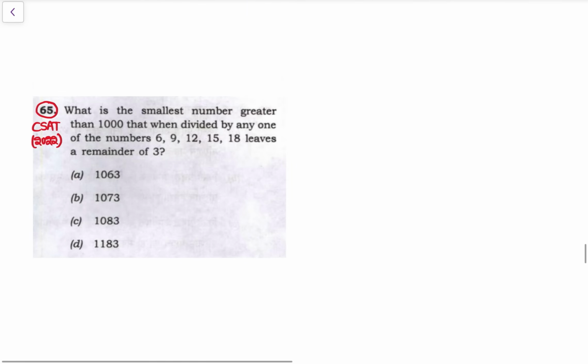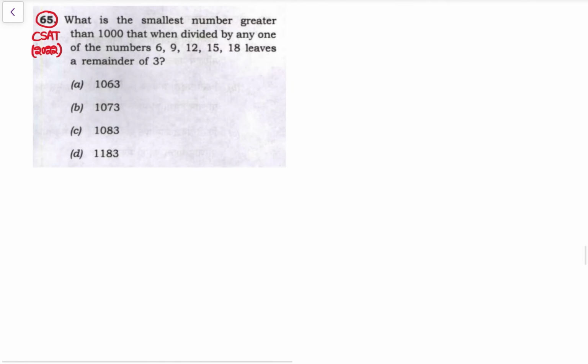Let's do one more question; this has been a UPSC favorite. This was again asked in 2022: what is the smallest number greater than 1000 that when divided by any of the numbers leaves remainder 3?